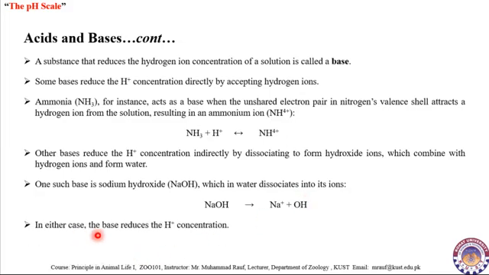In either case, the base reduces the hydrogen ion concentration. Here it bound with hydrogen ions, so the population of free hydrogen ions decreased, and here it produced hydroxyl ions, so the number of hydroxyl ions increased in comparison to the hydrogen ions.